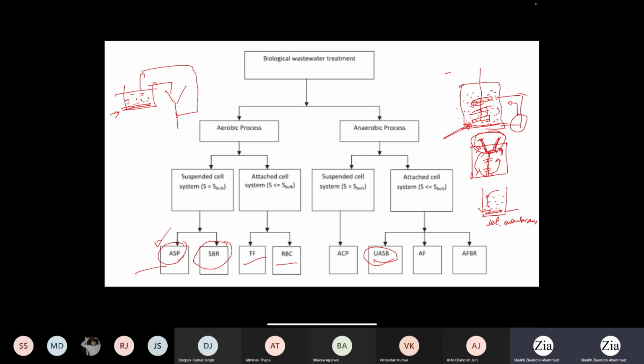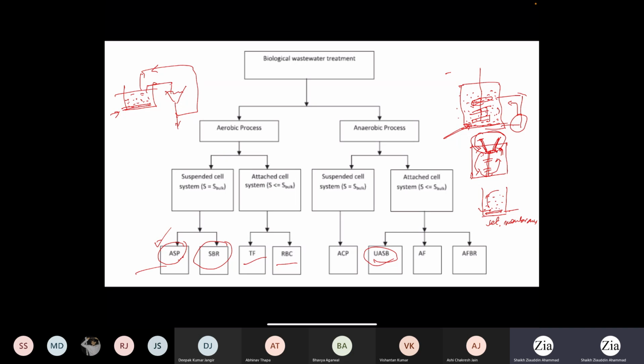After getting a sufficient amount of biomass, this liquid is transferred to a settler, and some portion of the settled biomass is recycled back to the reactor, and a certain amount will be discharged.